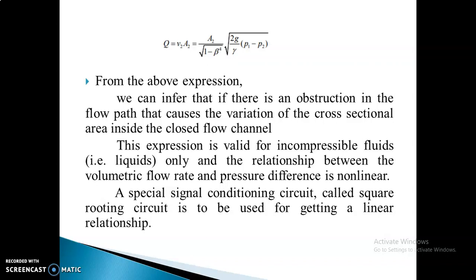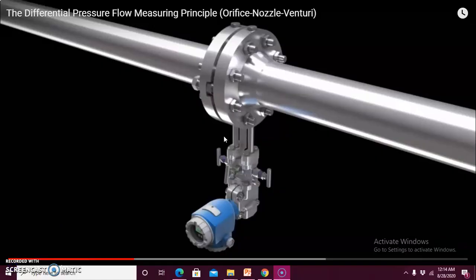Before getting into the orifice meter, I would like to show a small demo on the orifice meter. Can you see the orifice meter now? This is a differential pressure flow measuring meter.